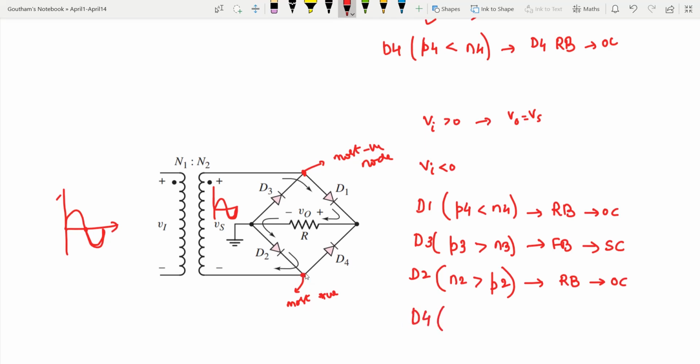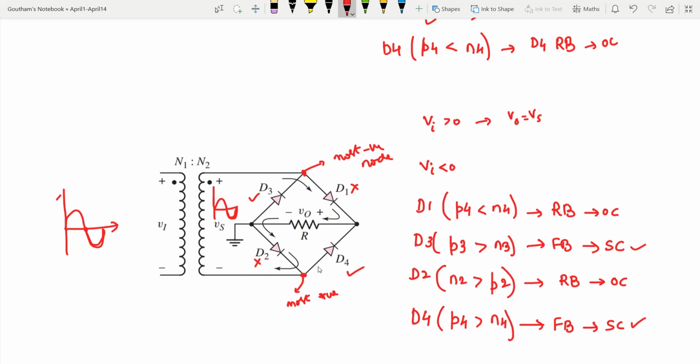Here the P side of diode D4 is most positive, that means P4 will be greater than N4. If P is greater than N, the diode is forward biased, so it will be short circuited. So here we have D3 and D4 on, whereas D2 and D1 are reverse biased, so they are off.